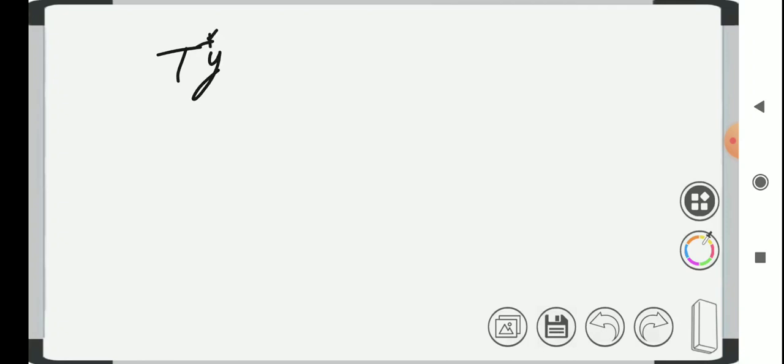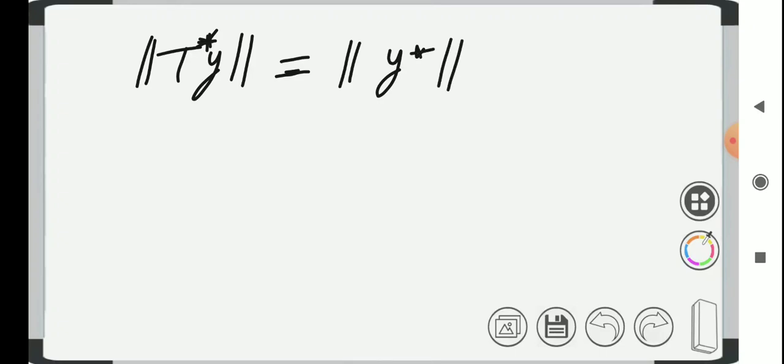The norm of T star y was the same as the norm of y star, because T star y was the same as y star.